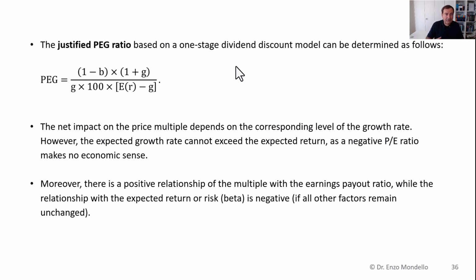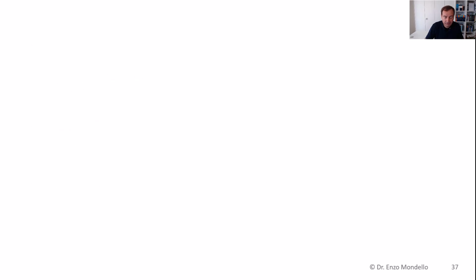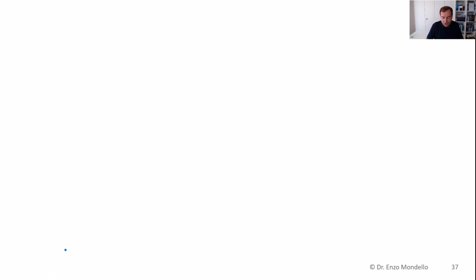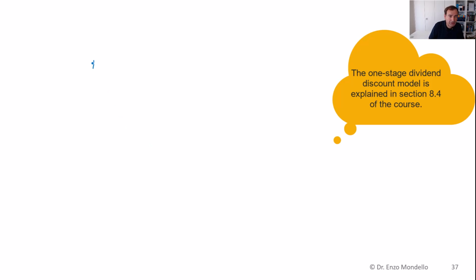And now let's have a look how we can determine the PEG ratio from the one-stage dividend discount model. So to demonstrate that, I'm writing down first the price equation using the one-stage dividend discount model. So the intrinsic share value equals the dividend per share multiplied by 1 plus the growth rate divided by the expected return minus the growth rate.